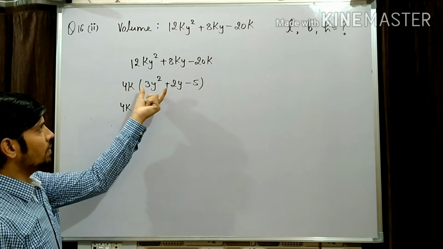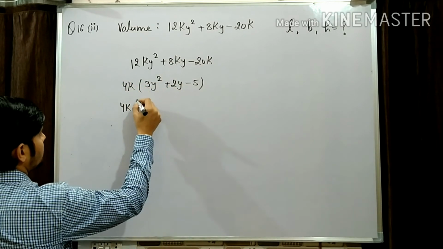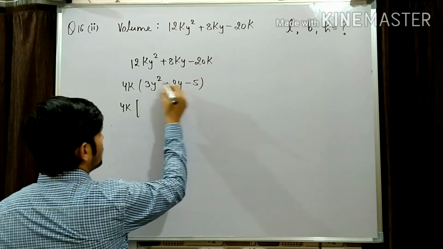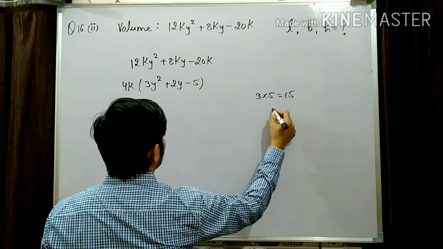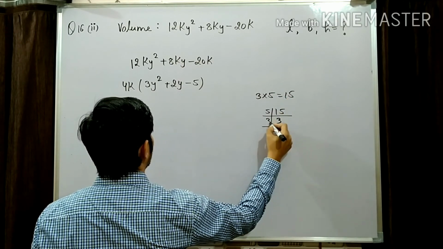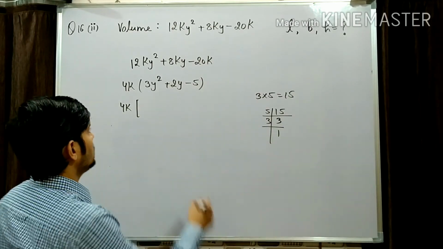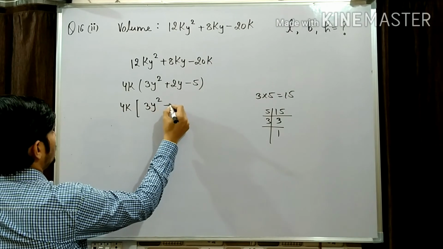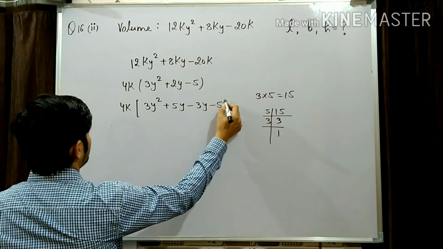And now middle term splitting. By using middle term splitting we can find the factors of this. Again we will use the same method: the first and last coefficients we will multiply. 5 3s are 15 and find the factors of 15. Again 5 and 3 are the factors only. We need 2, so we can write 5 minus 3. This is 3y square plus 5y minus 3y minus 5.